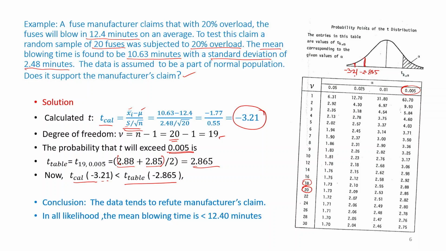So this is less than this. And therefore, the conclusion is the data tends to refute the manufacturer's claim, and we will say the mean blowing time is less than 12.40 minutes. So the claim is therefore rejected. Statistically, it is rejected, and we are pretty sure in rejecting the claim.